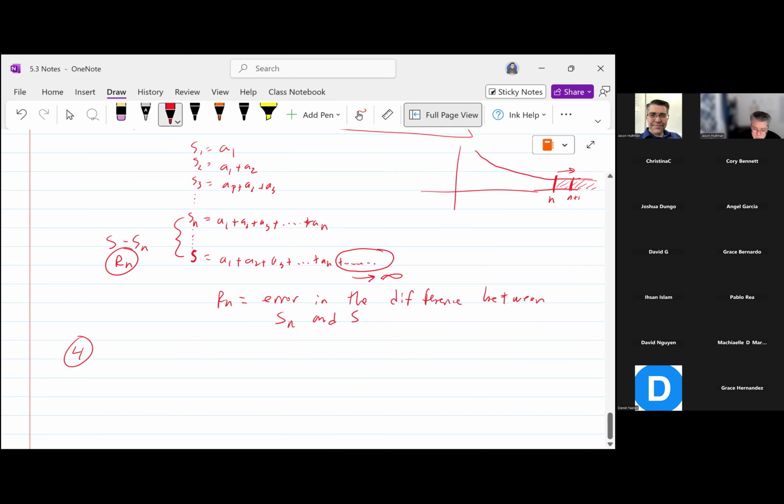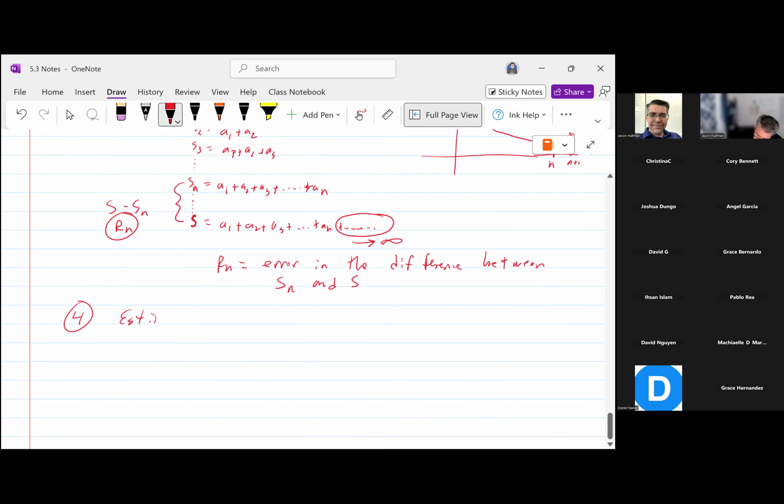Okay, so number 4, estimate the error in approximating the summation of n equals 1 to infinity of 1 over n cubed by taking S10.